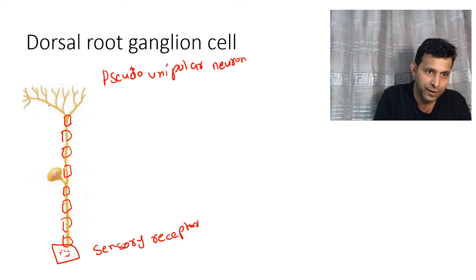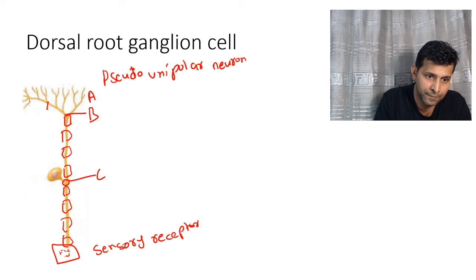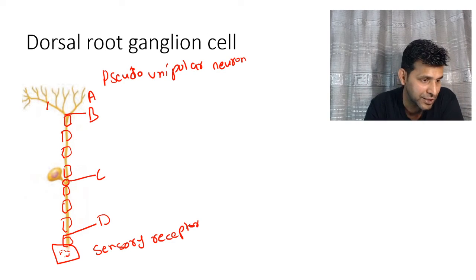Now I'll label the things again as A, B, C or D, where we are going to have first action potential.